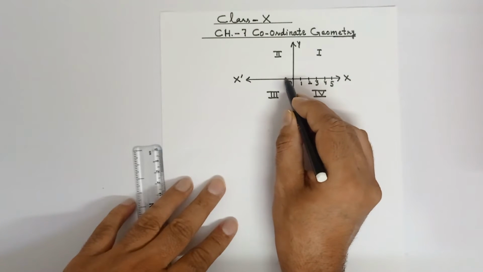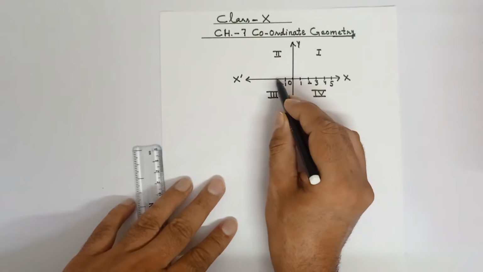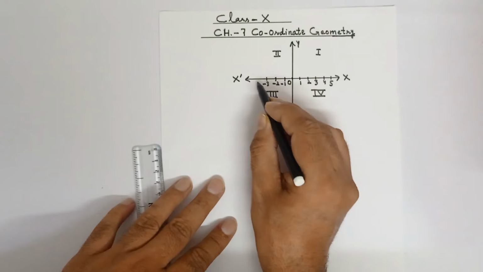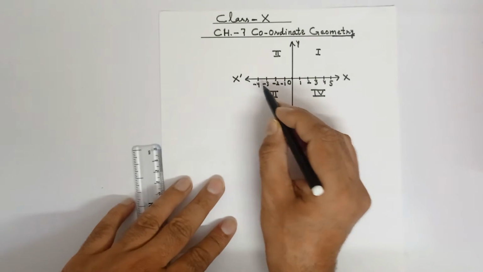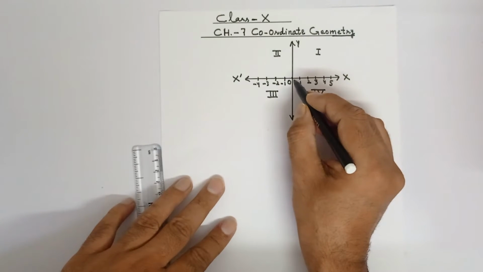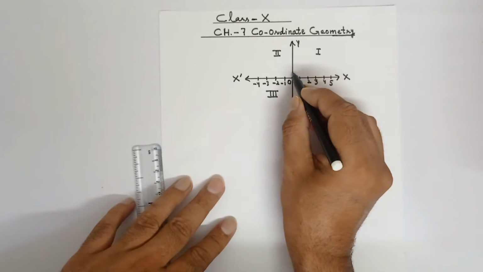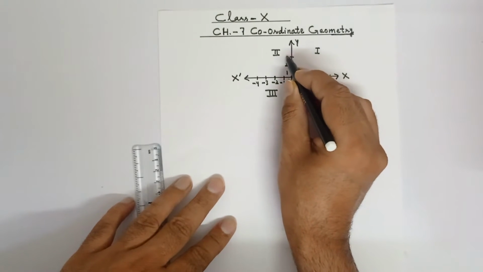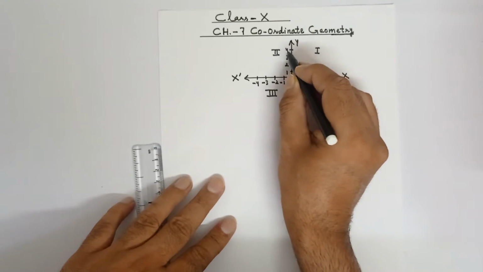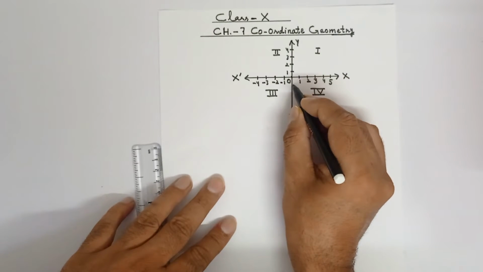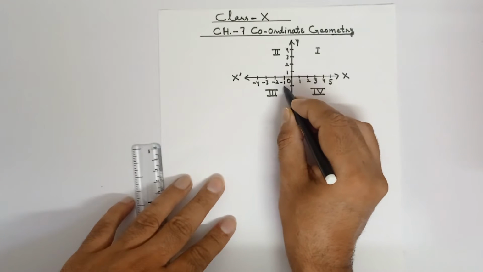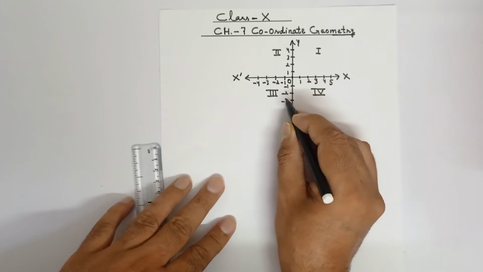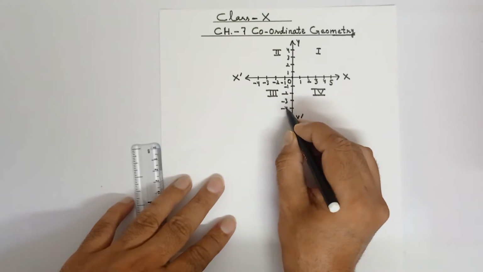And when we go towards the left of the origin, -1, -2, -3, -4 etc. Similarly, if we go above the x-axis, these values will be positive 1, 2, 3, 4, and when we go below the x-axis, this is -1, -2, -3 and -4.